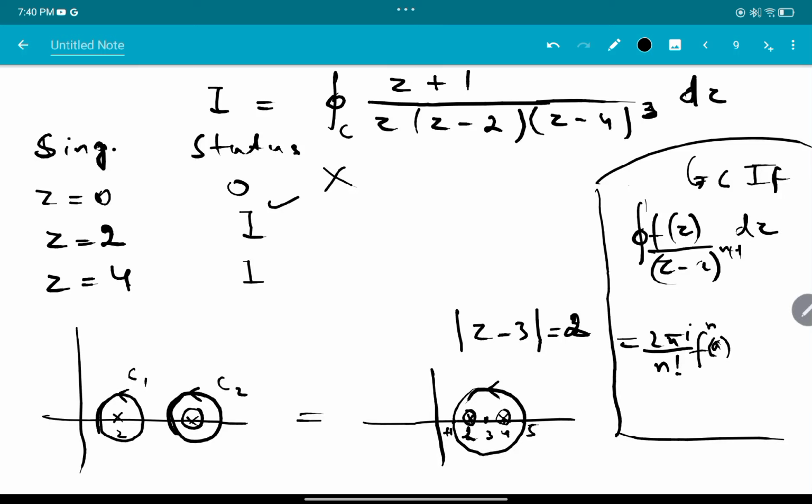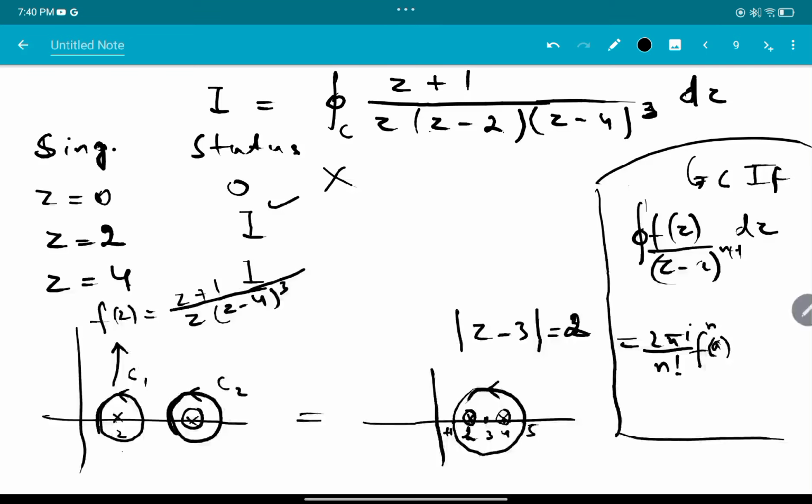So far as C1 is concerned, the singularity factor is z minus 2. Identify the singularity factor, and the rest of the integrand is f(z). For C1, f(z) is z plus 1 divided by z into (z minus 4) raised to 3.